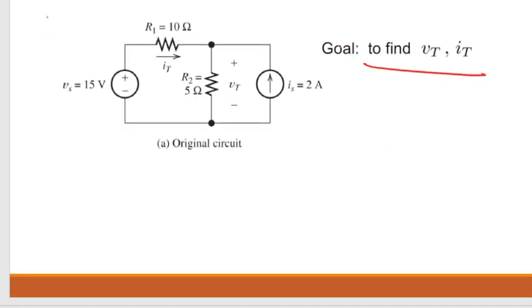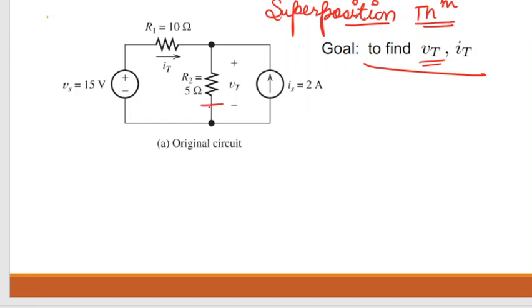They ask you to calculate Vt and It by using the superposition theorem, right? Vt is how much? That is the voltage across 5 ohm, right? It is how much? The current across 10 ohm, right? And they said that we have to do it by using the superposition theorem. Clear?